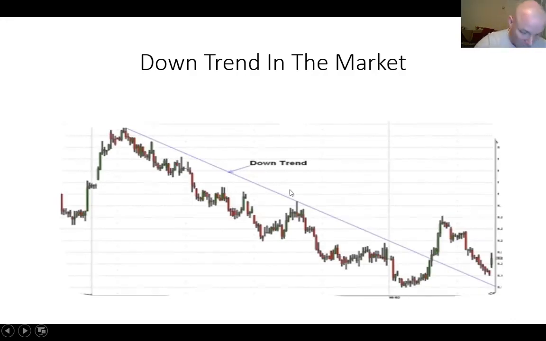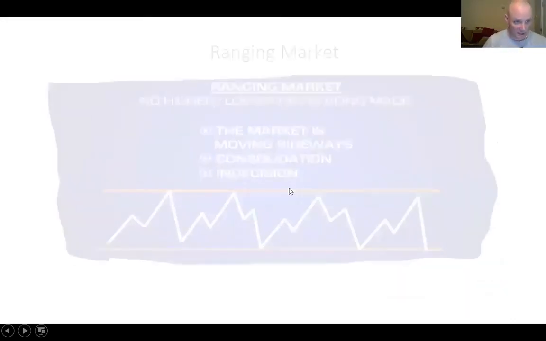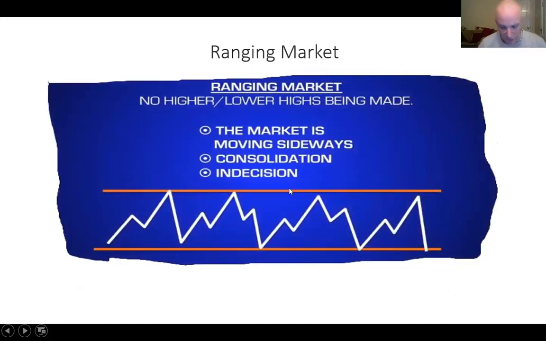So the ranging market, this is where it's not trending. You see the market's moving sideways. It's going up and down, up and down, up and down. It's not really moving in any direction or giving any sort of momentum. There are words for this.